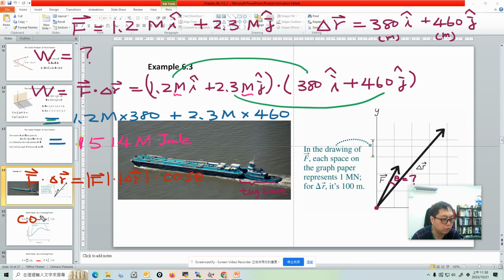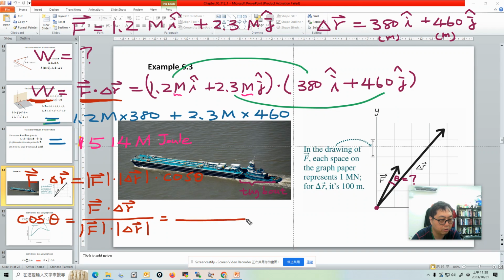Therefore, cosine theta is equal to the dot product between these two vectors divided by the multiplication of these two vector magnitudes. In the last problem, you already calculated F dot delta r.